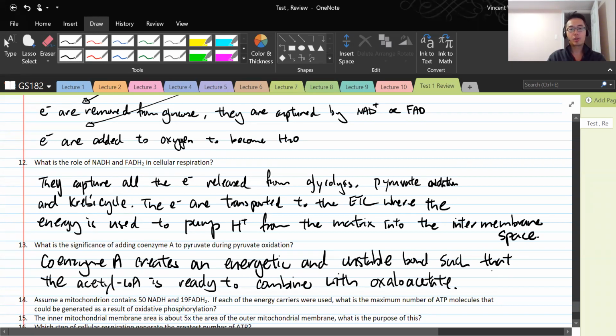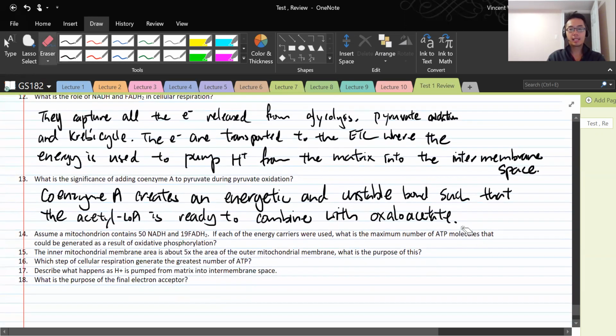Acetyl-CoA is ready to combine with oxaloacetate in the Krebs cycle. Okay.